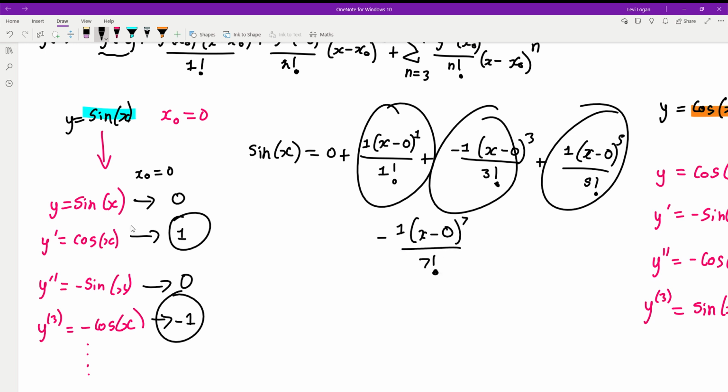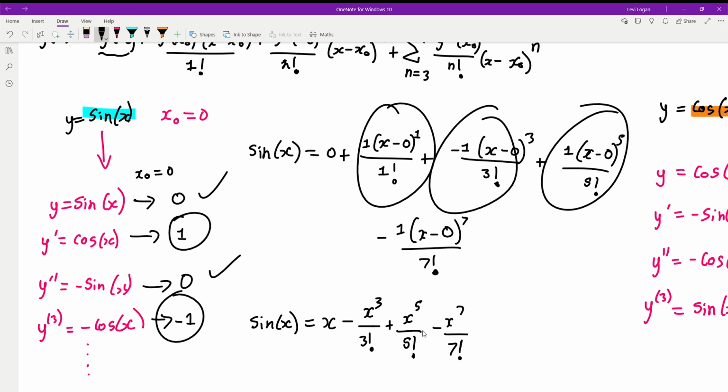And you notice all the even terms will cancel out, because they will all have sines, and sines of zeros are just 0. So our Taylor series for sine x is going to be 0 plus x, minus x to the 3 on 3 factorial, plus x to the 5 on 5 factorial, minus x to the 7 on 7 factorial.